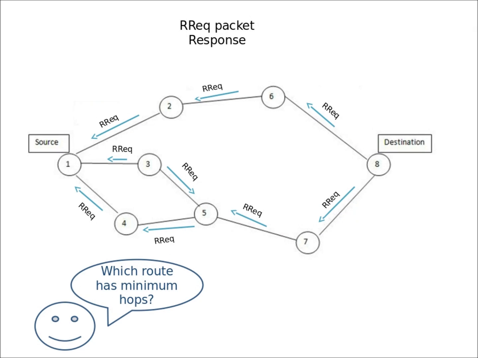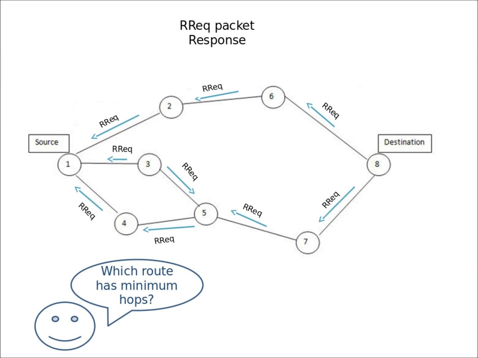After the packet has reached the destination, it will send a response message, which is the RREP response. In order to do that, the destination in our case, which is number 8, will flood the network with the RREP message. As you can see here, destination 8 is sending the RREP message to 6 and 7, which in turn realize that they are not the source.